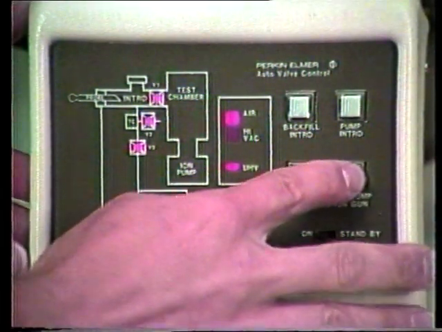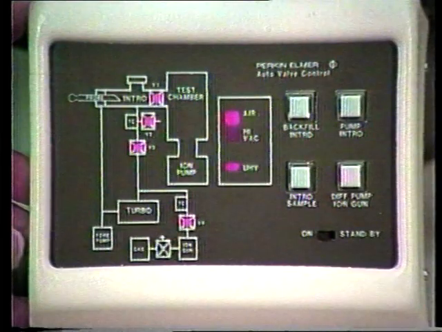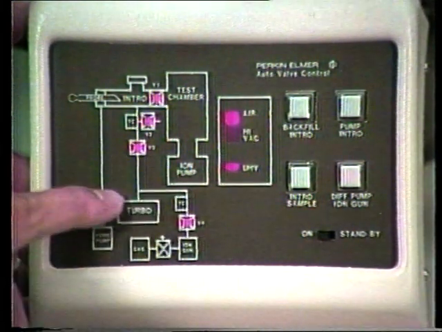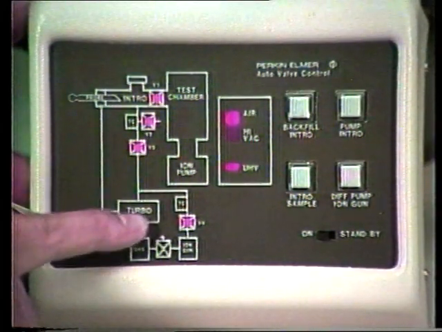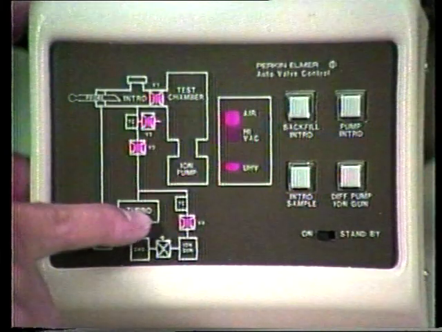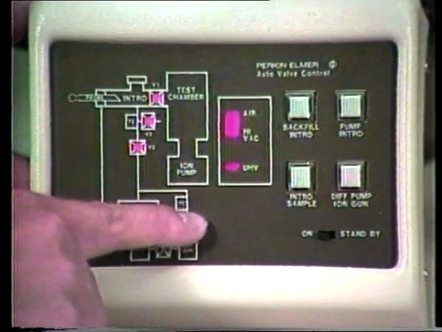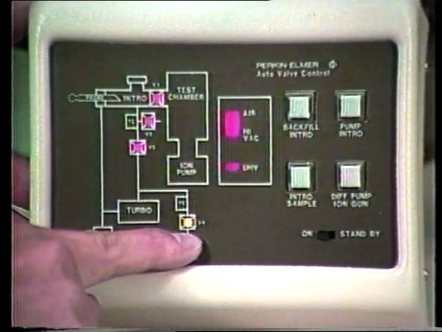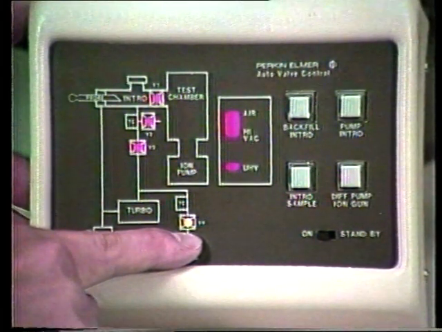When we press that button, there is a time delay. The thermocouple valve is measuring the vacuum in between the turbo pump and the ion gun, making sure that we have adequate vacuum before we open valve 4. We now see that valve 4 is open, indicated with a green light.